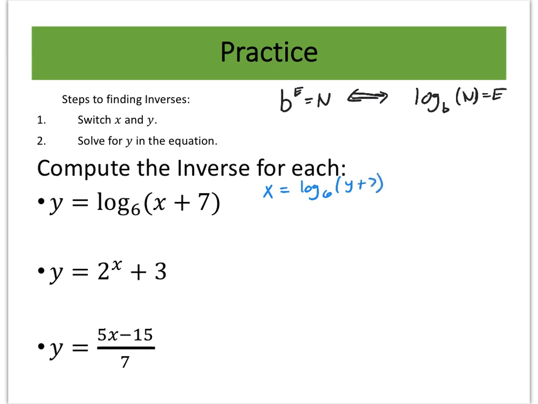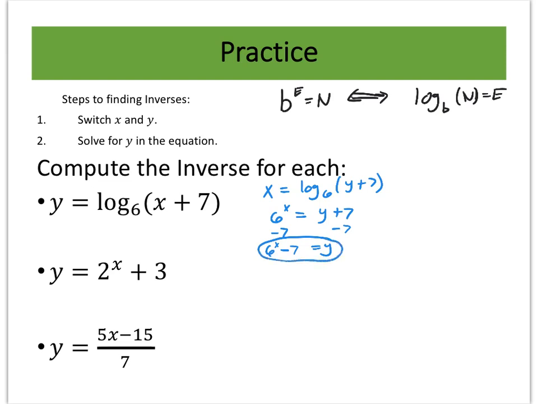And then I'm going to convert. So I've got 6 to the power of x equals y plus 7, and I'm solving for y, so subtract 7 from both sides. So it's 6 to the power of x minus 7 equals y, and that's your answer. That's your inverse function.